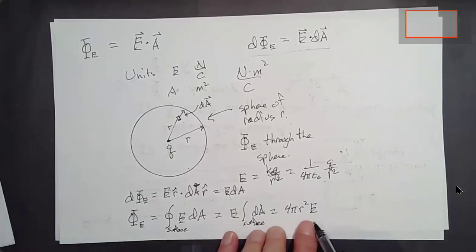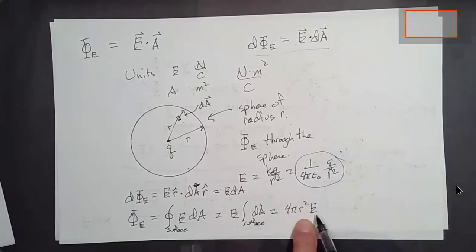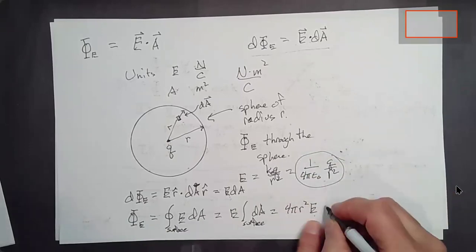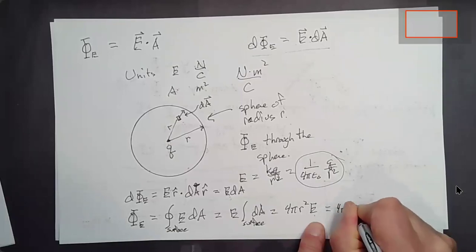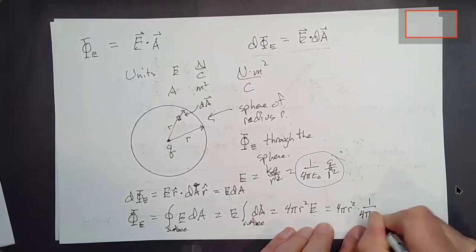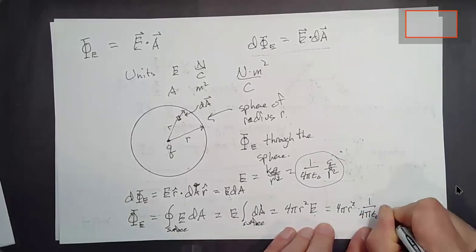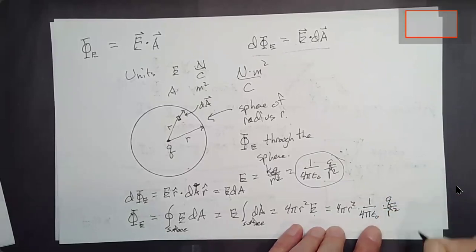Well, that wasn't too bad. Not bad for an integral. However, E is this. That's the magnitude of the electric field there. So I'll have 4πr² times 1 over 4πε₀ times Q over r².